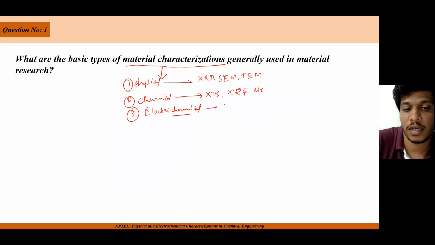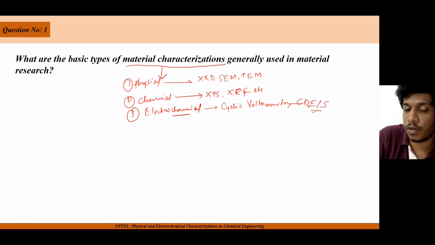And electrochemical techniques can be basically cyclic voltammetry, charge discharge, and electrochemical impedance spectroscopy.